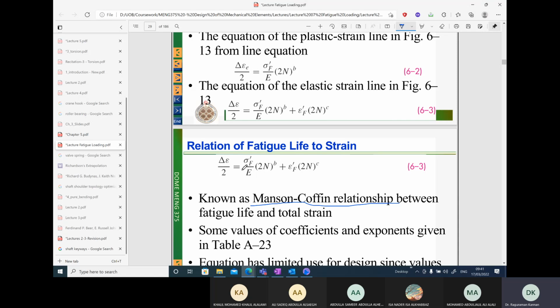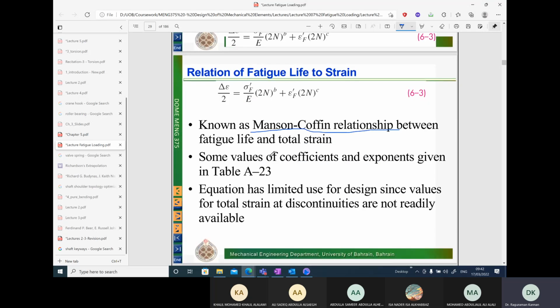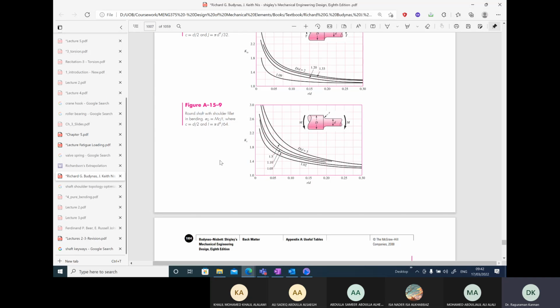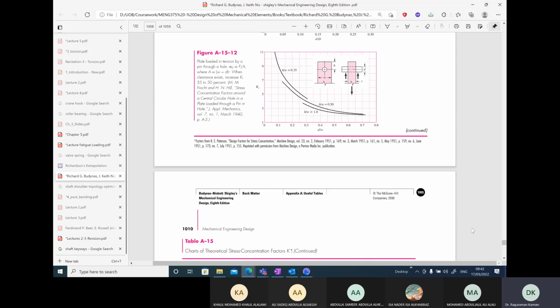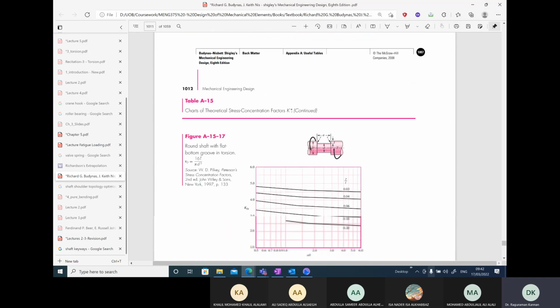We can solve this equation and get the number of cycles to failure. How do I get these constants? Table A23 in your book gives these values. So let's go to Table A23 in your book.